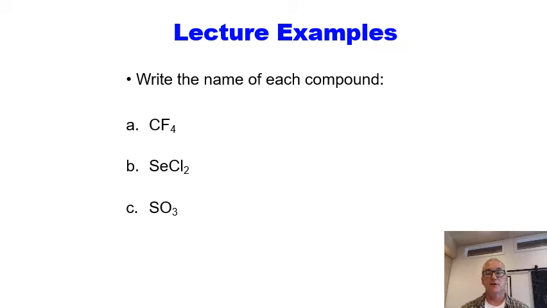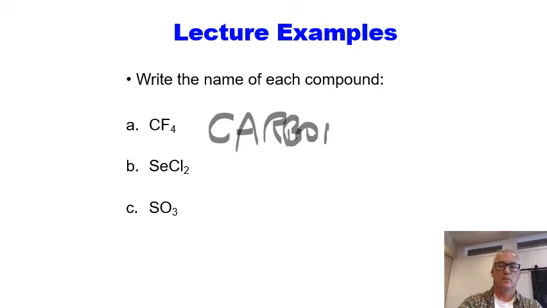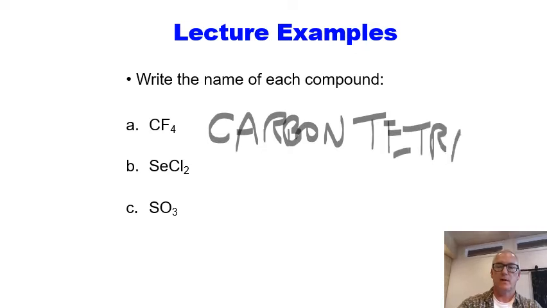All right, so the first one has 1 carbon and 4 fluorines. So we would just call that one carbon, tetra for 4, fluoride. So carbon tetrafluoride. Second one, we have Se.